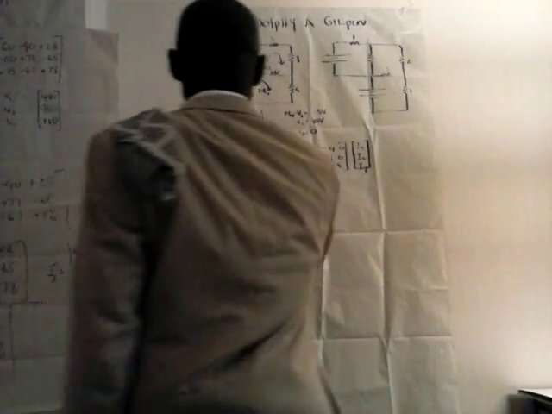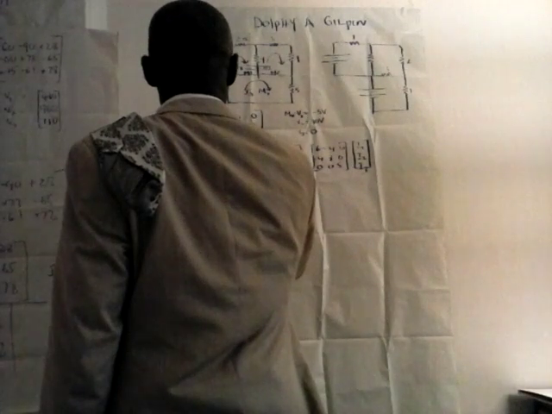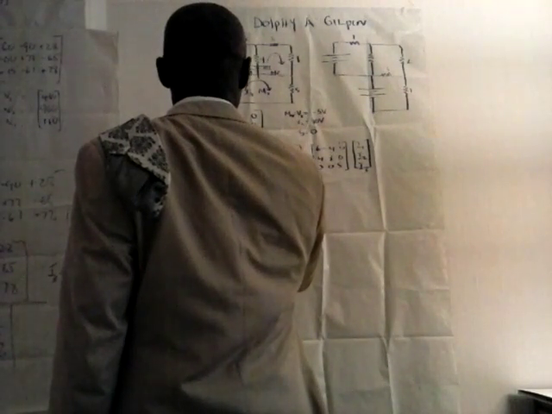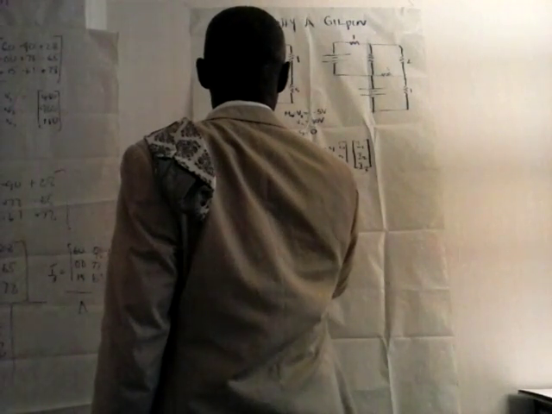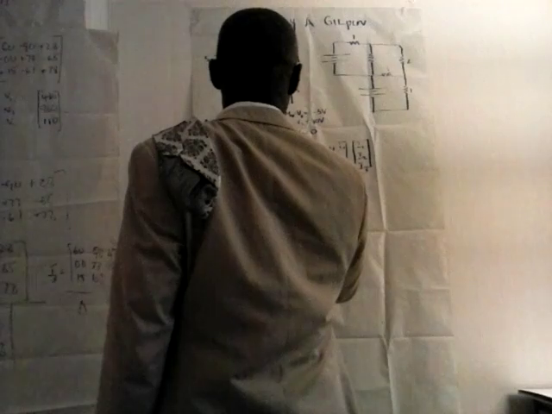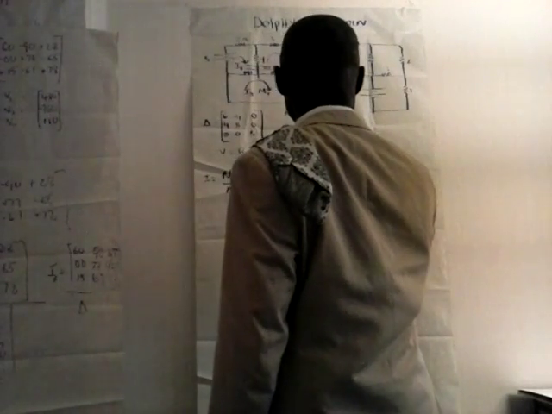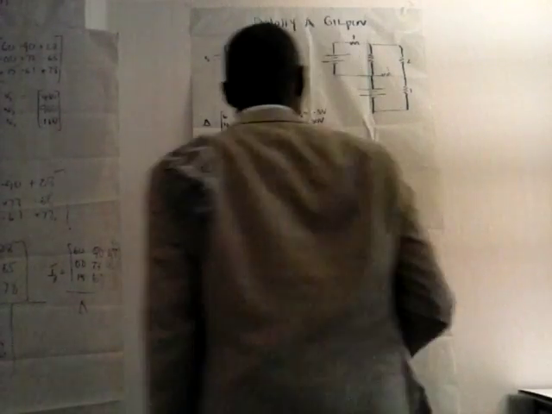And so we say now that I1 would be equal to N I11 over delta. I2 will be equal to N I22 over delta. And I3 equals N I33 over delta.